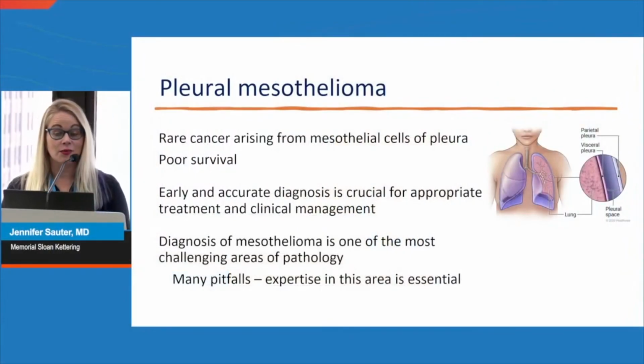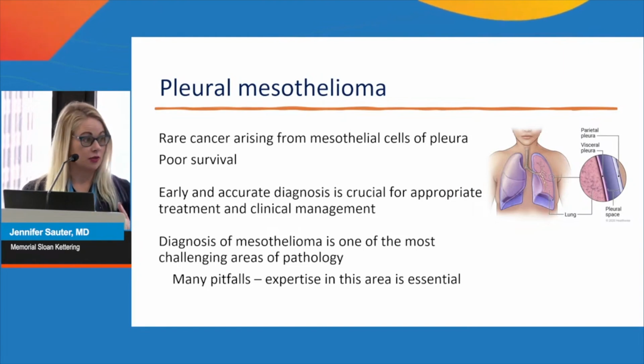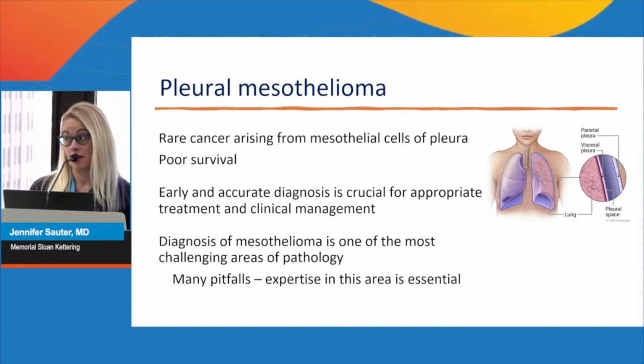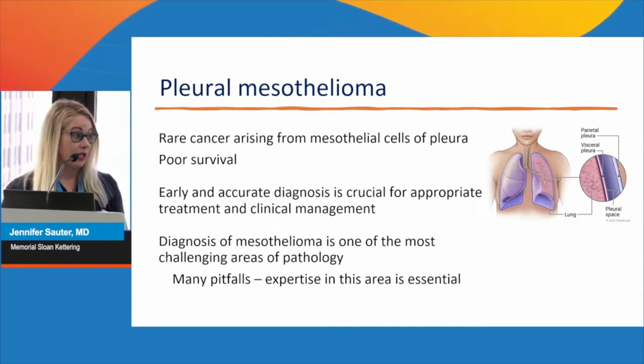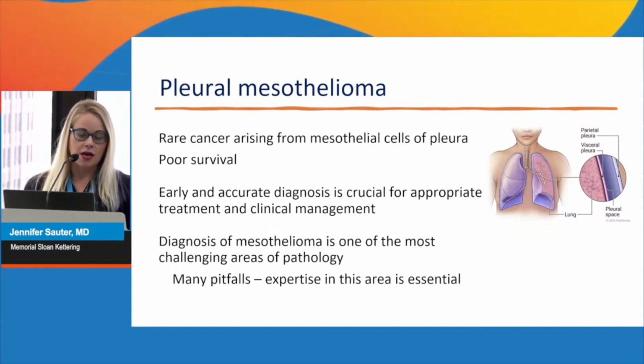So as you know, pleural mesothelioma is a rare cancer arising from the mesothelial cells of the pleura. It's an aggressive tumor with poor survival. So early and accurate diagnosis is critical in order for patients to receive the appropriate treatment. However, the diagnosis of mesothelioma is very challenging. In my opinion, it is one of the most challenging diagnoses in pathology for many reasons.